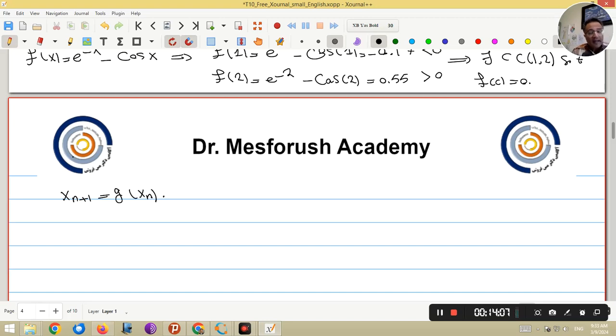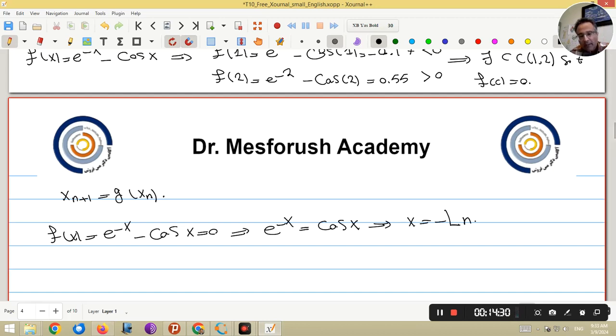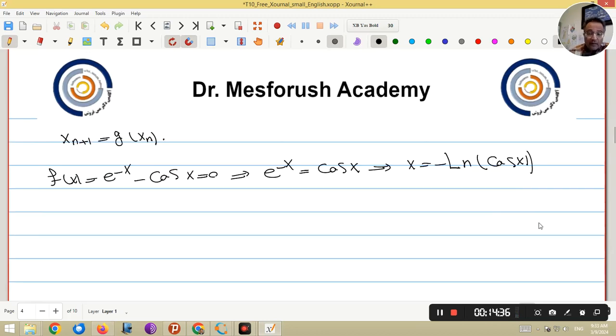Okay, we have two different types of g in this case. So consider f of x equal to e to the power of minus x minus cosine of x equal to 0, and this gives e to the power of minus x equal to cosine of x, and this gives x equal to minus ln cosine of x. But I say the second property for this function in the interval 1 and 2 is not satisfied.